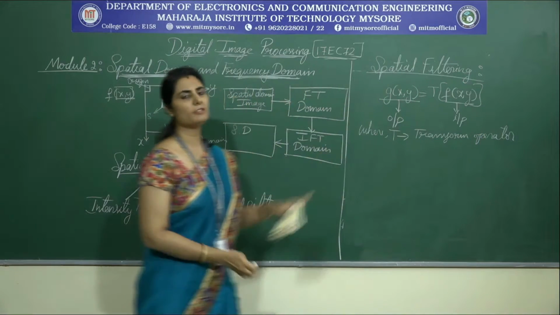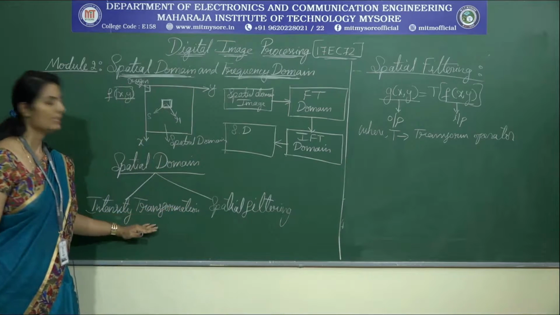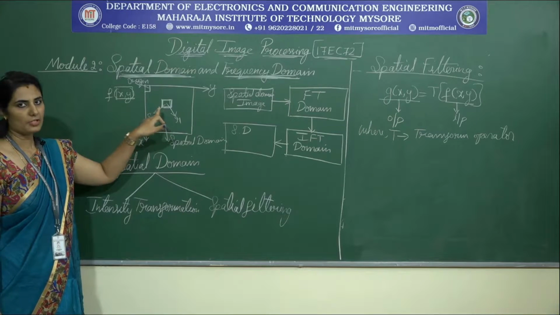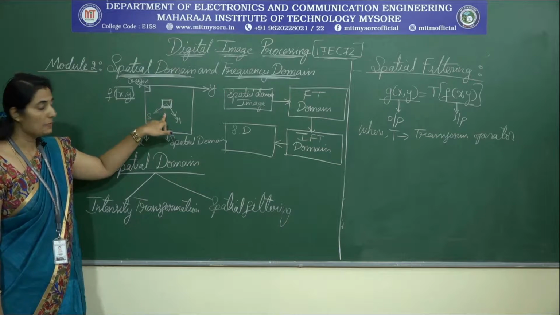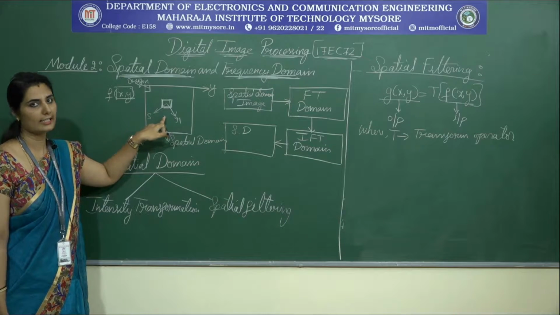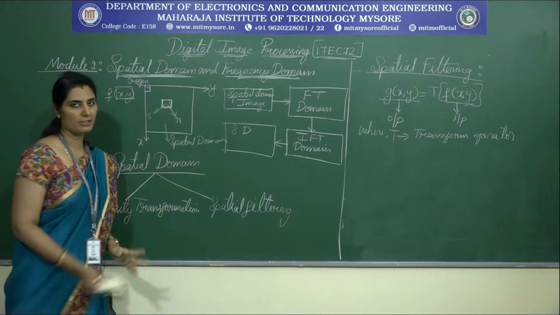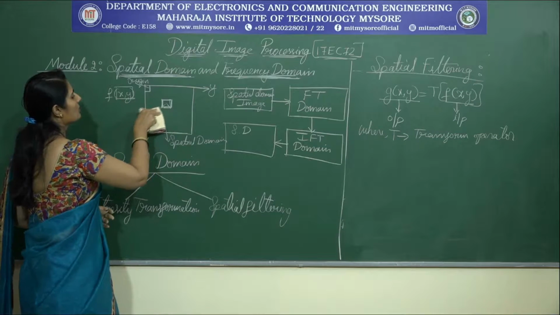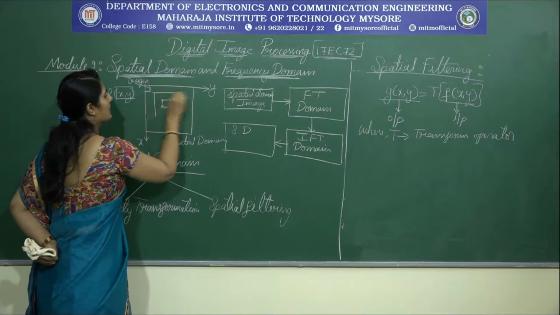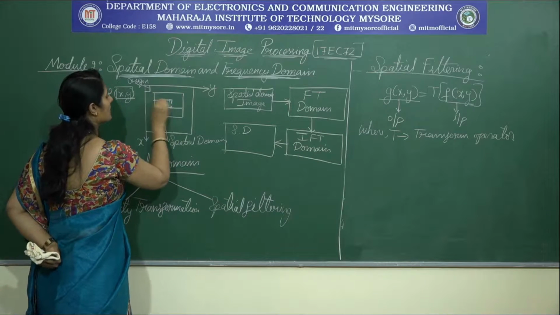So how is spatial filtering different from intensity transformation? In intensity transformation, we directly manipulate a single pixel present in the image, whereas in spatial filtering, we do not manipulate a single pixel. Instead, we consider the neighborhood of the pixel.